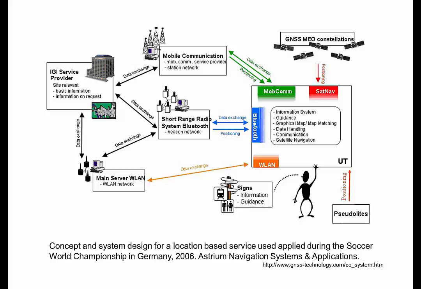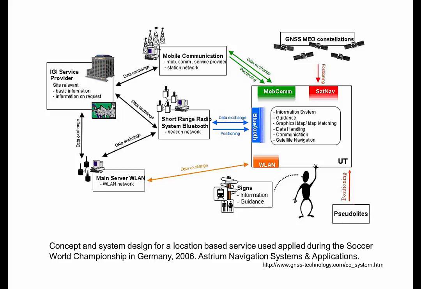This is the Soccer World Championships in Germany 2006, and it's a conceptual model of the location-based services set up during the football tournament. So we've got things like controls of signs and guidance. I've no idea what pseudolights is. Anybody got any idea what pseudolights is? No idea. Anyway, it's to do with data exchange, setting up the wide area network.